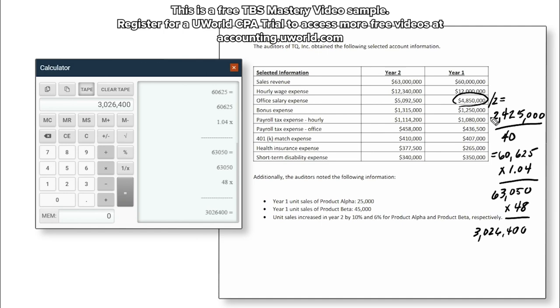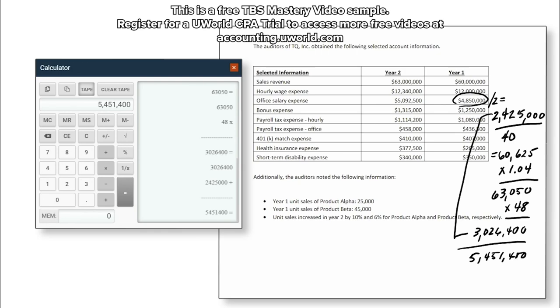So now I need to take my estimate for the first half of the year and my estimate for the second half of the year and add them together to get my total estimate for the year. So in my calculator, I'm going to add 2,425,000, and that gives me an estimate for the entire year of $5,451,400.